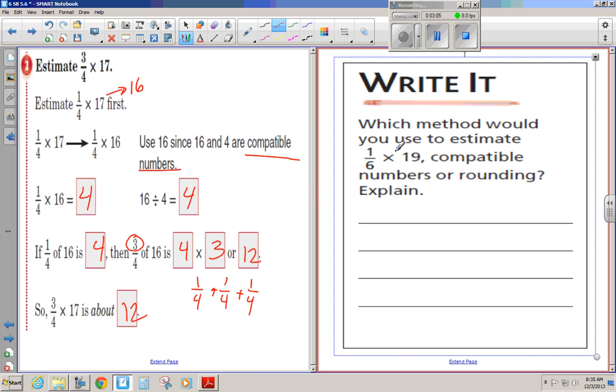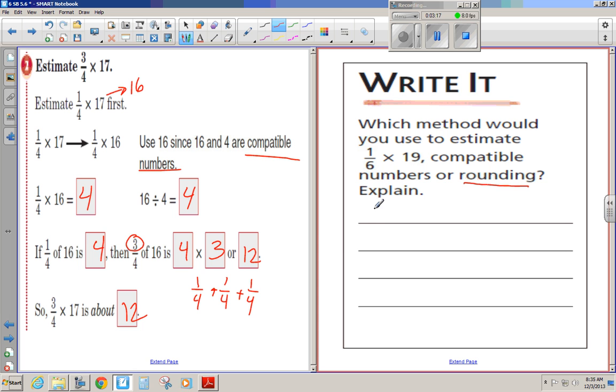All right, so which method would you use to estimate this one right here? Compatible numbers or rounding? And explain. Before, we would have done some rounding, but for us, we are going to use compatible numbers. Now, we're being asked to explain.